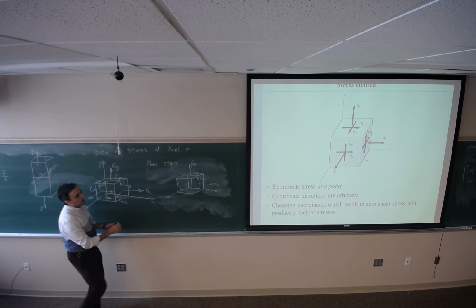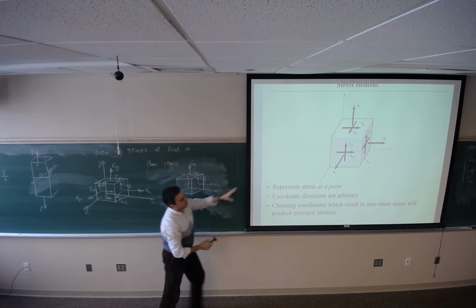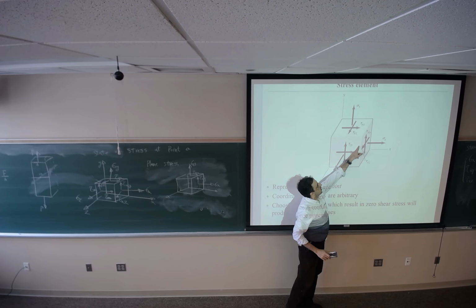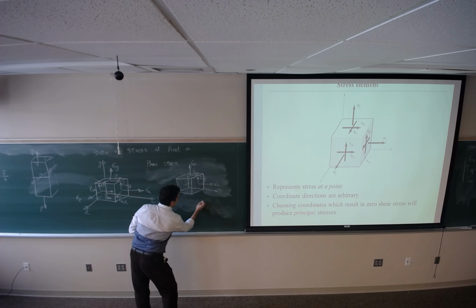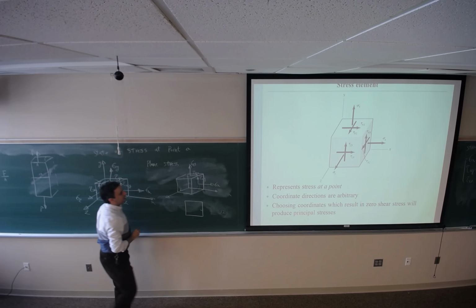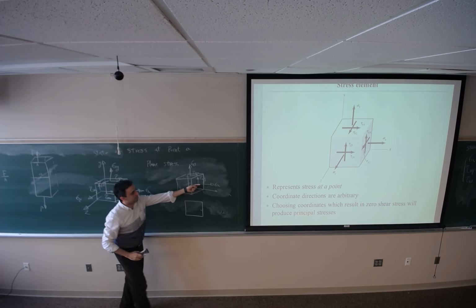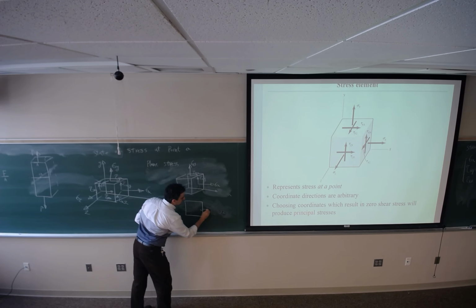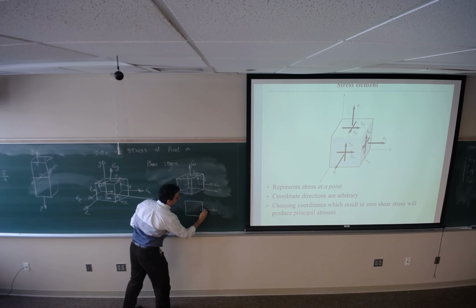Now, if you look at this cube from the front view, from this side, you are going to see one square. If I look from this side, I will see sigma x, which is perpendicular to this line, and I will see tau xy going up.